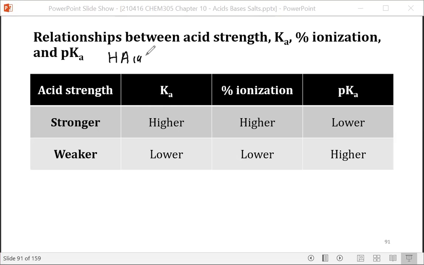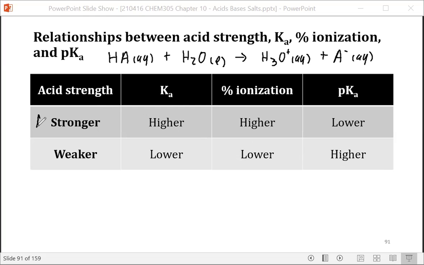HA aqueous plus H2O liquid turns into H3O plus aqueous plus A minus aqueous. So this is the acid ionization equation when an acid ionizes to make H plus ions and A minus ions. The H plus ions bond with water. Water acts as the base to generate H3O plus, and then you have A minus left in solution.